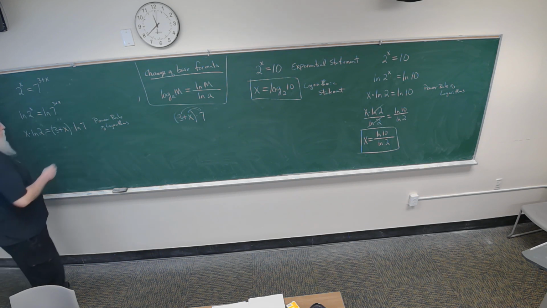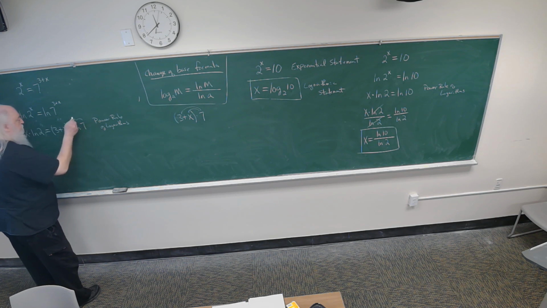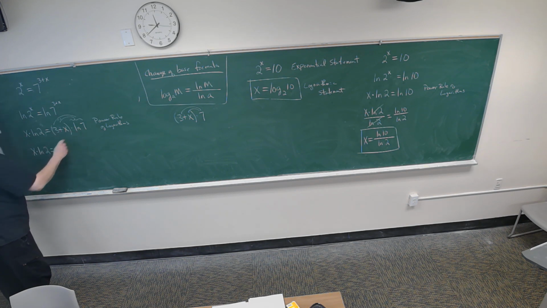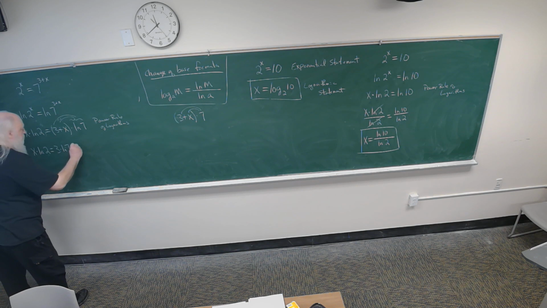So we have x times the natural log of 2 is equal to 3 times the natural log of 7 plus x times the natural log of 7.